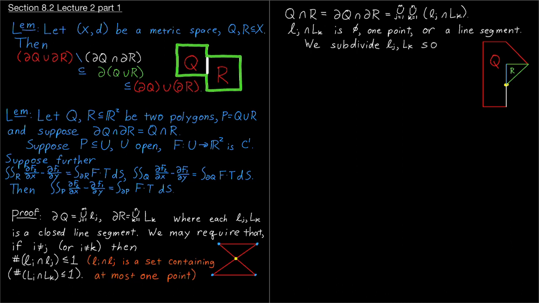So I'm going to go ahead and change terminology here. The boundary of Q is the union of, let's call them little lambda_j. The boundary of R is the union of the lambda_k's.